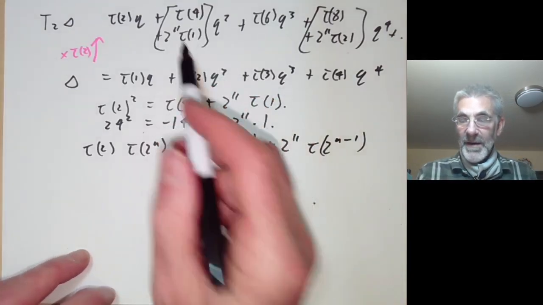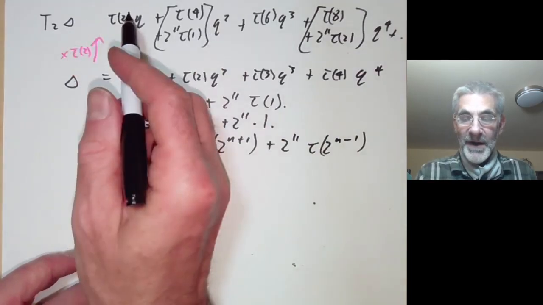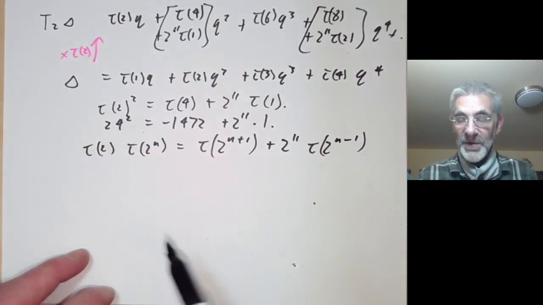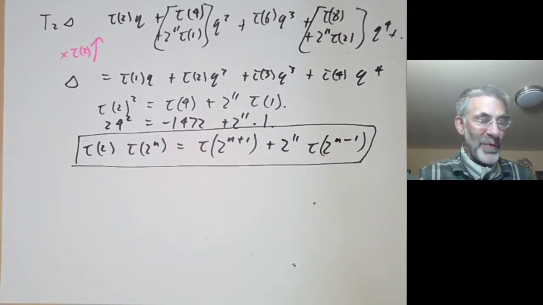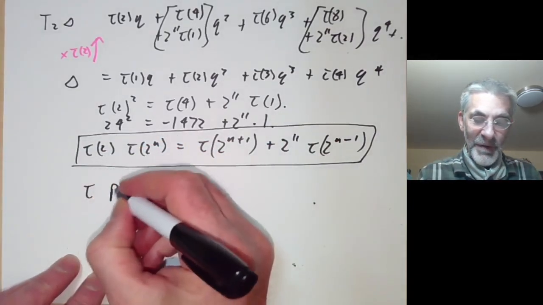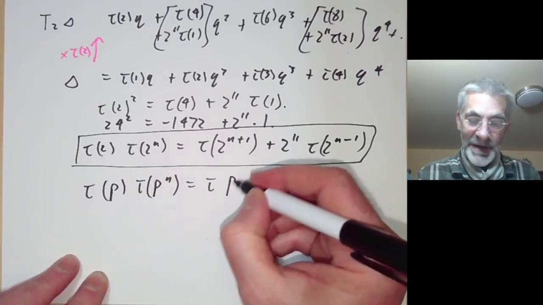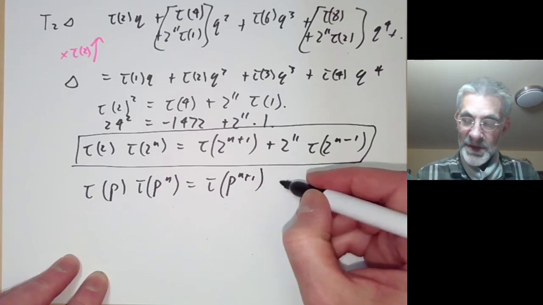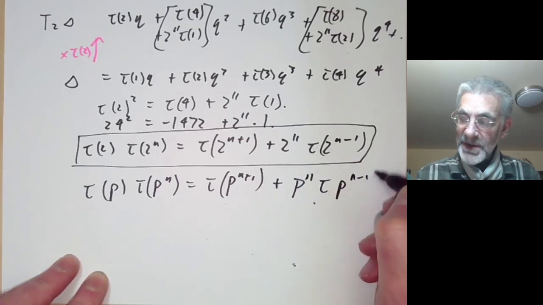This is by looking at the coefficient of q to the 2 to the n in these two relations. Of course, there's nothing special about the prime number 2. We find that tau of p times tau of p to the n is equal to tau of p to the n plus 1 plus p to the 11 times tau of p to the n minus 1.